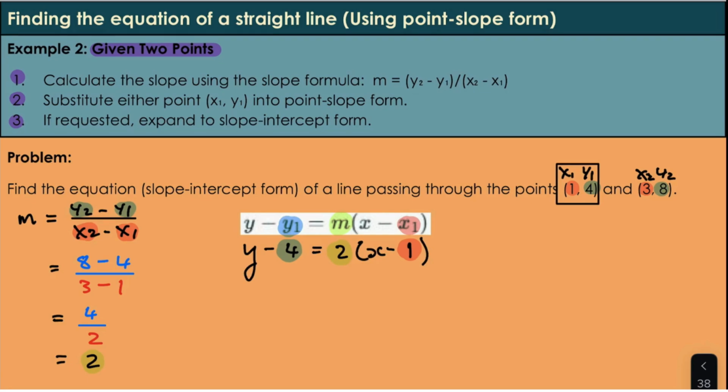Now it's just a case of expanding the brackets, i.e. removing the brackets. 2 multiplied by x, 2x. 2 multiplied by -1, -2. Now we have to add 4 on both sides because I need to isolate y. I'm making y the subject of the formula. So the -4 cancels with the +4, 2x, and then I have -2 plus 4, which is +2. And there is my slope-intercept form equation.